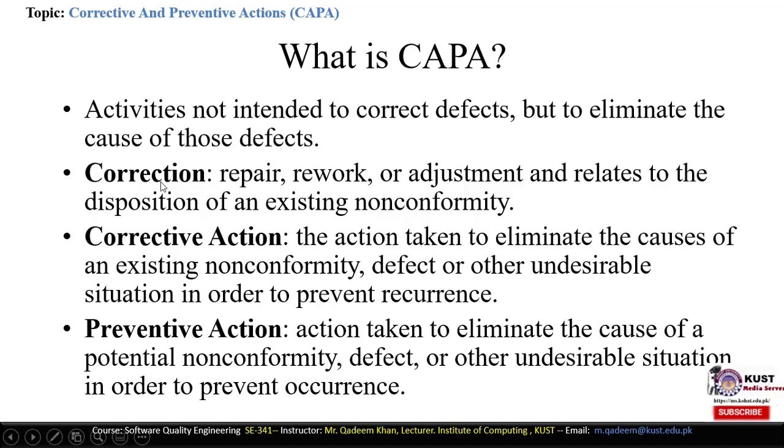There are three main terms in the CAPA. One is called the corrections, second one is the corrective actions, and third one is the preventive actions. Correction means to repair or to reverse or to do some adjustments, and relates to the elimination of an existing non-conformity.